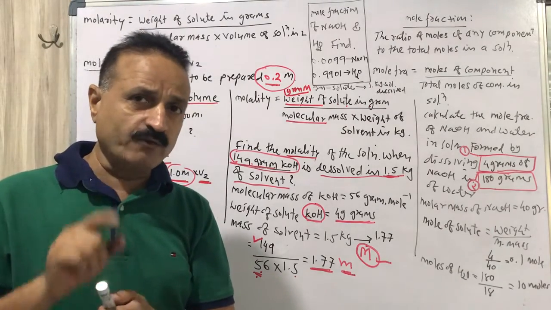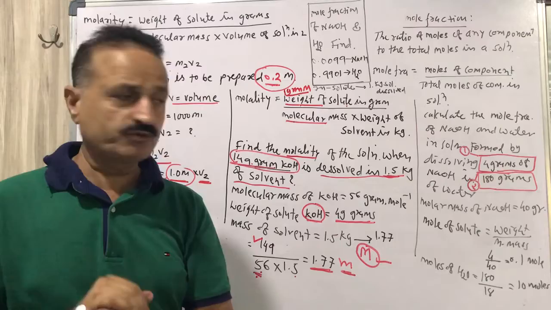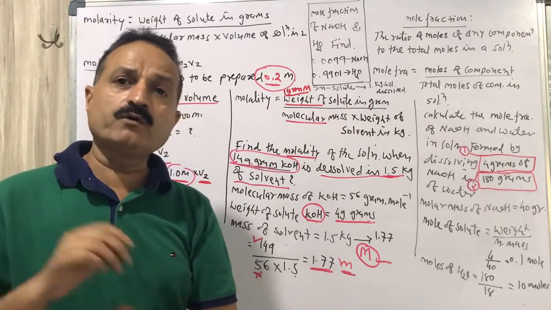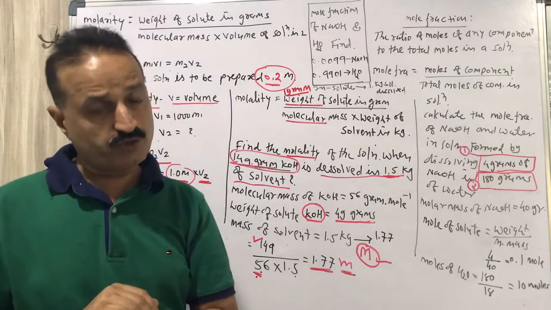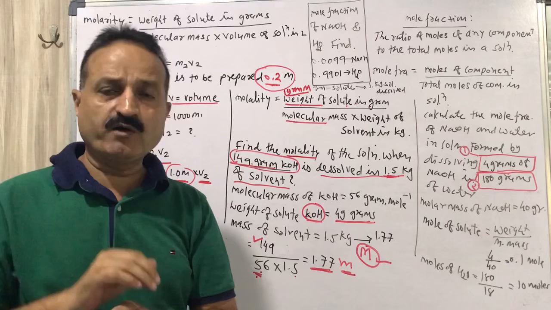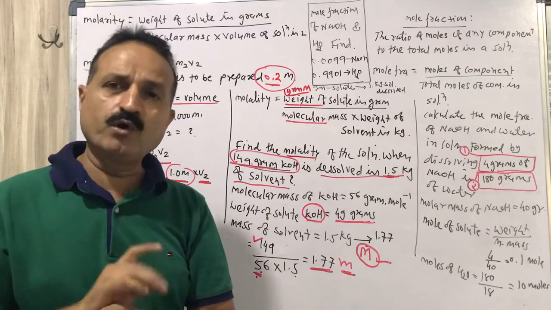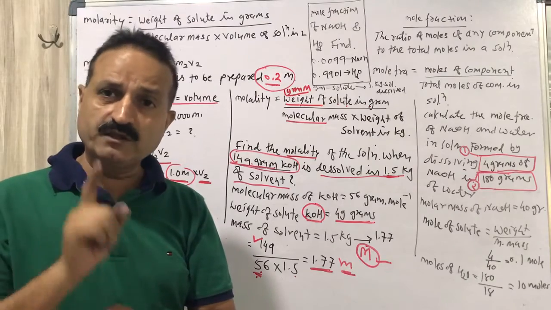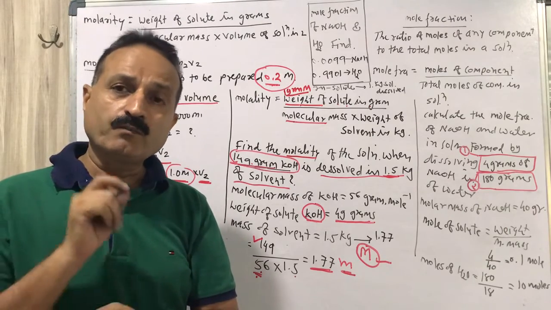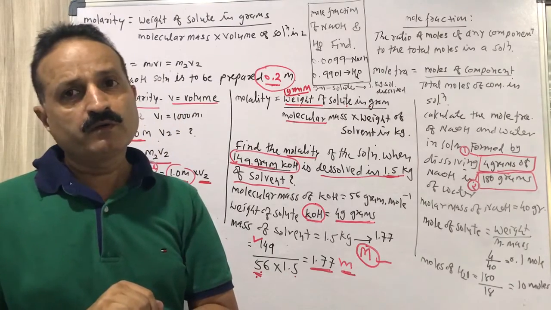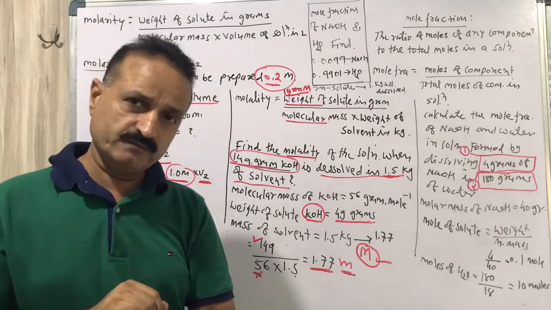So we will find out the moles of NaOH, and then we will find out the moles of H2O. Total mole is denominator and mole of one component is numerator. Mole fraction is the number of mole of component upon total moles of given two components.